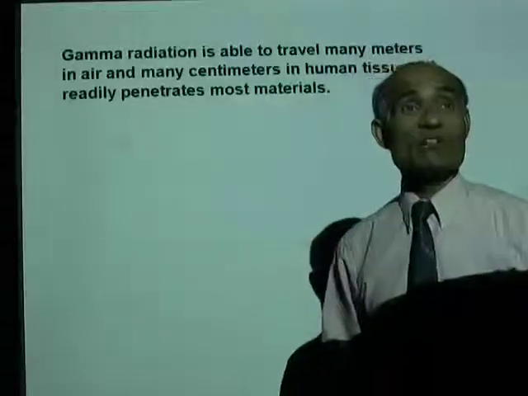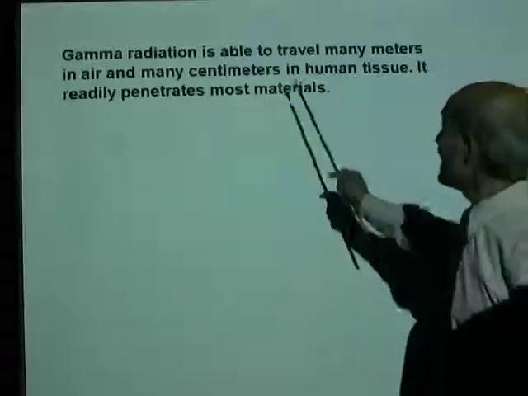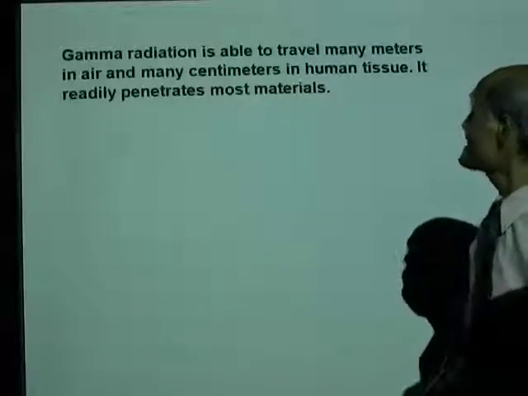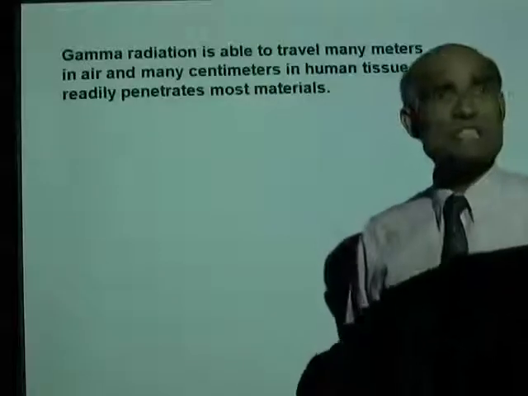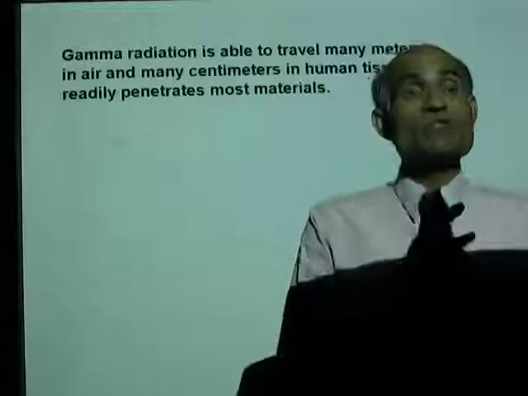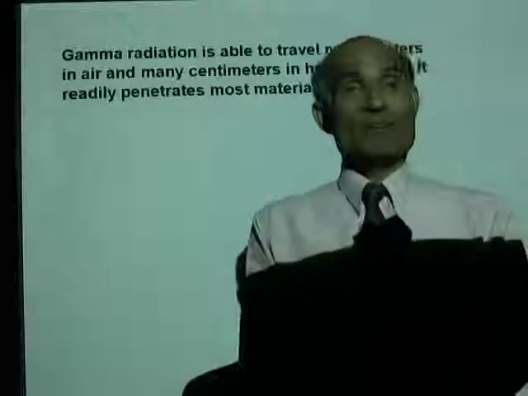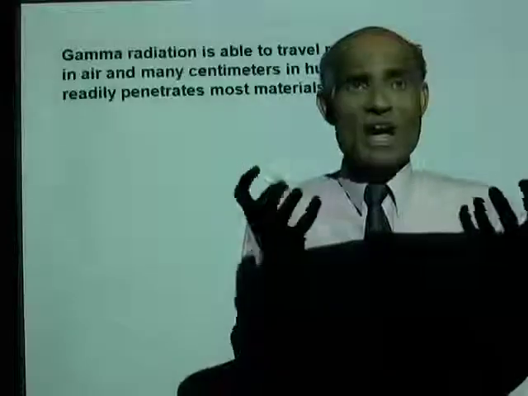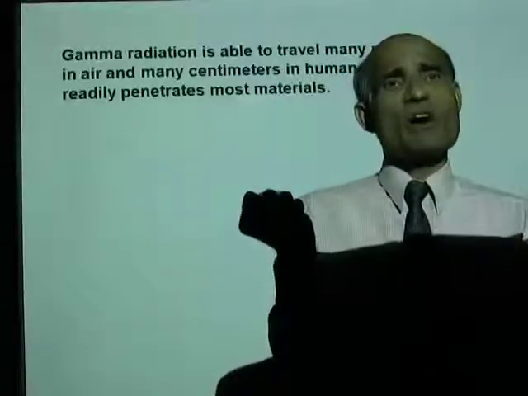These gamma radiations are able to travel many meters in air and many centimeters in human tissue. In fact, it readily penetrates most materials. Well, that brings us to the question of how damaging these radiations are.